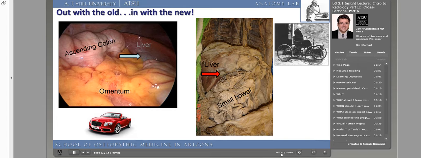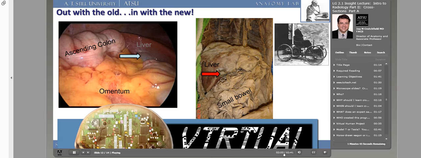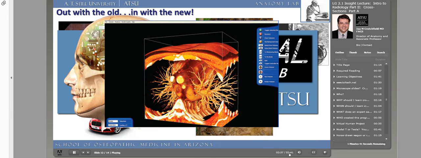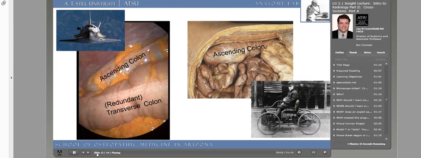Just wait until we demonstrate some of the programs in the virtual anatomy lab. An example is a program called BodyViz, which converts cross-sectional anatomy back into 3D structures. Still unconvinced? Here are two more images.